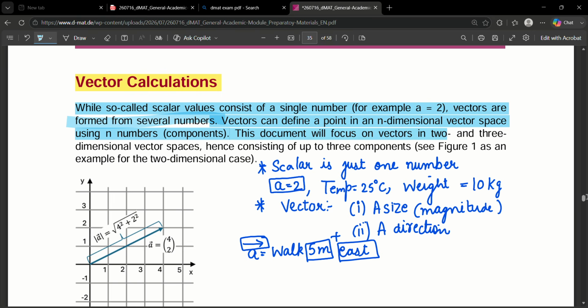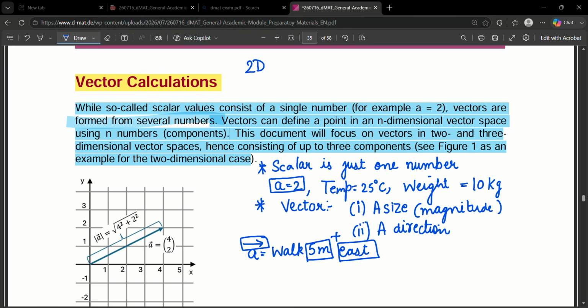These documents will focus on vectors in 2 or 3-dimensional vector spaces, hence consisting of up to 3 components. See figure 1 as an example of the 2-dimensional case. So they are giving you a hint that in your exam you are going to get 2D and 3D vectors.